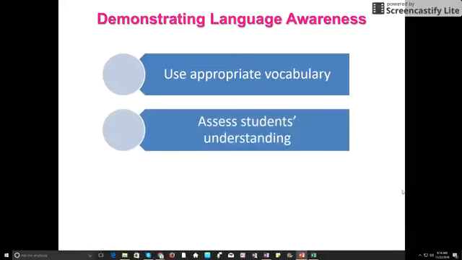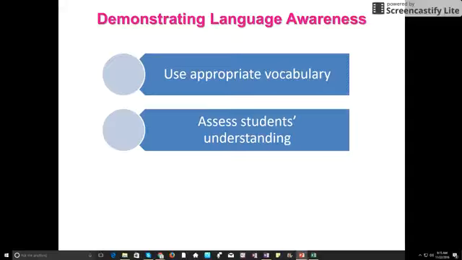The next part of demonstrating language awareness is to assess the student's understanding. And I think the most important part of this is not to assume we know what the students know. So don't assume because the vocabulary is on the slide that they know what that vocabulary means.